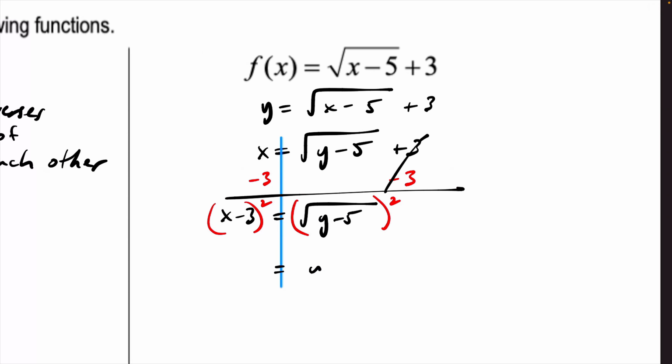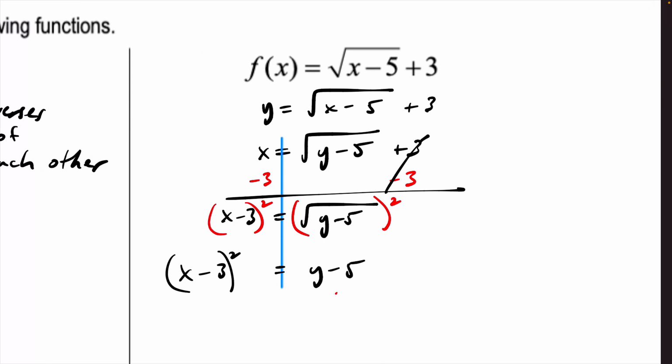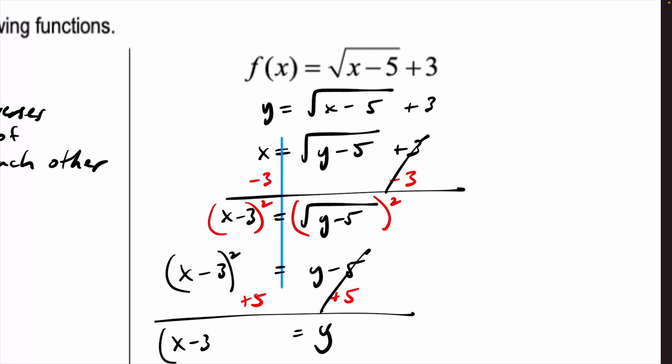So that's y minus 5 equals x minus 3 squared. Now I can add 5 to both sides. So its inverse is x minus 3 quantity squared plus 5.